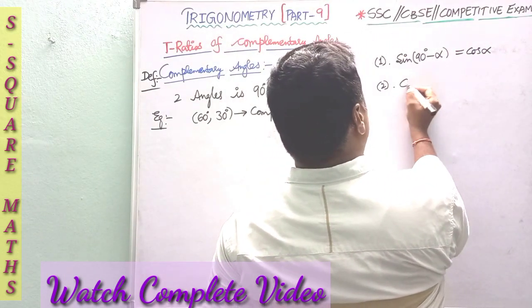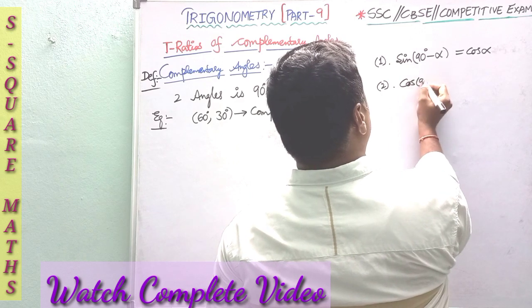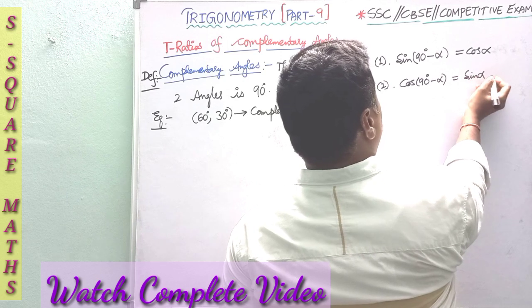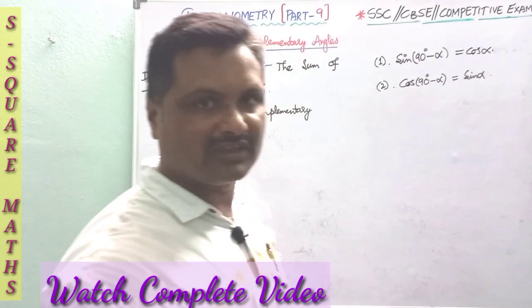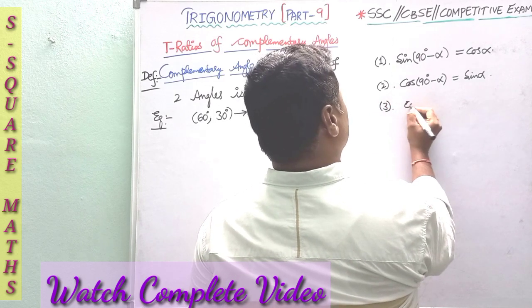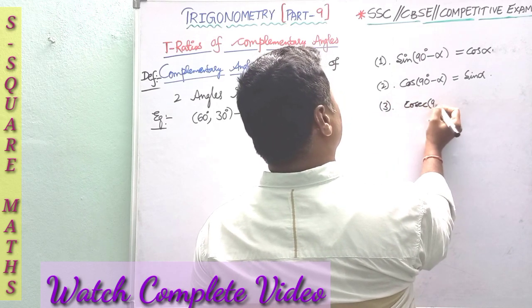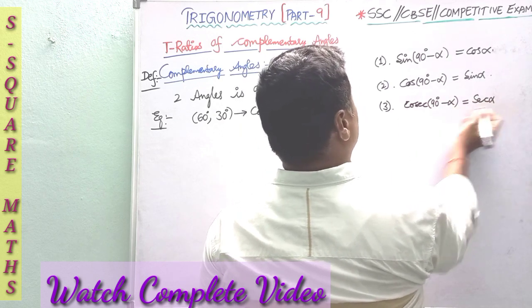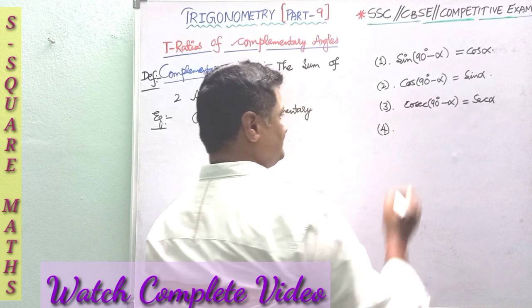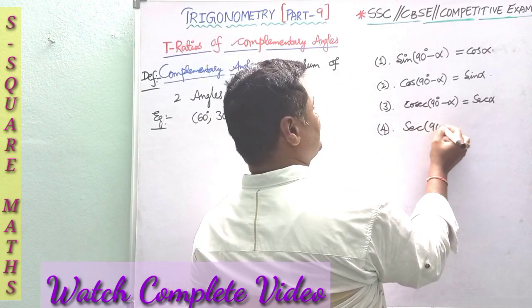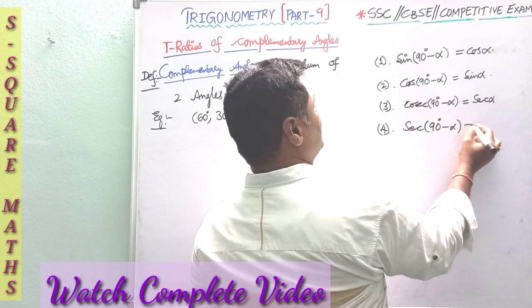Next, cos of 90 degrees minus alpha is sine alpha. Okay. So next, cosec of 90 minus alpha is sec alpha. Next, sec of 90 degrees minus alpha is cosec alpha.